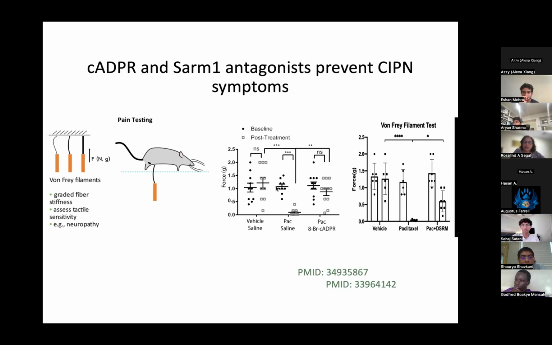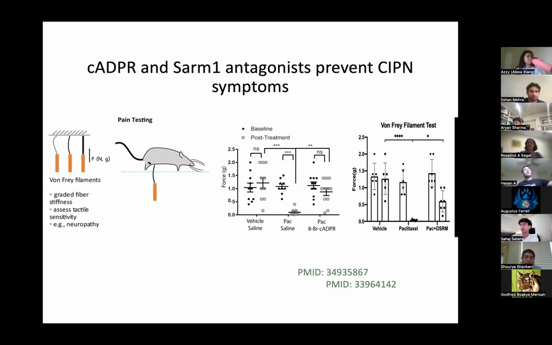After paclitaxel, the animal really responds to just a tiny touch and it goes, ow, that hurts, which is what happens with our patients, where literally the feel of their clothes can feel painful. So that's what happens after paclitaxel.